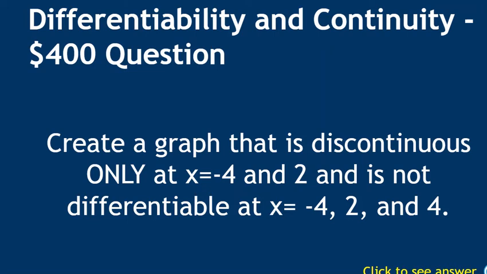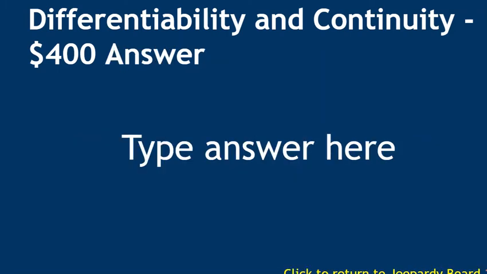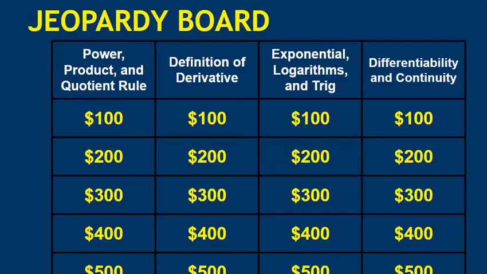I'll buy that. So I'm going to take $100 off. So it's 300. You're up to 500. All right.